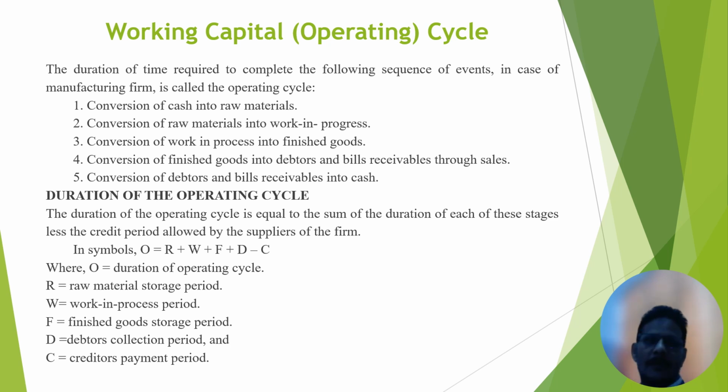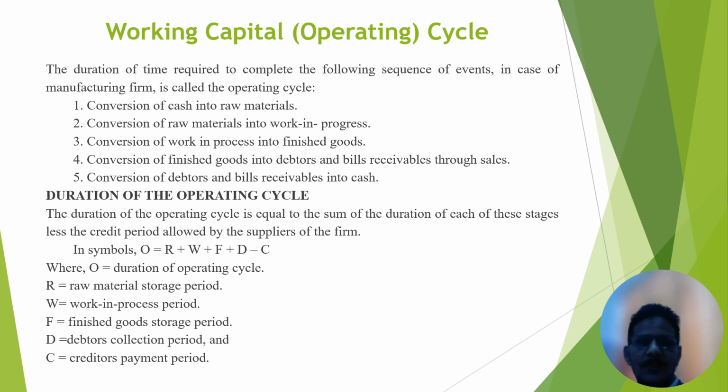Now here the main concept is the duration of the operating cycle. Duration is equal to the sum of the duration of each of these stages less the credit period allowed by the suppliers of the firm. We can explain this in a formula way.